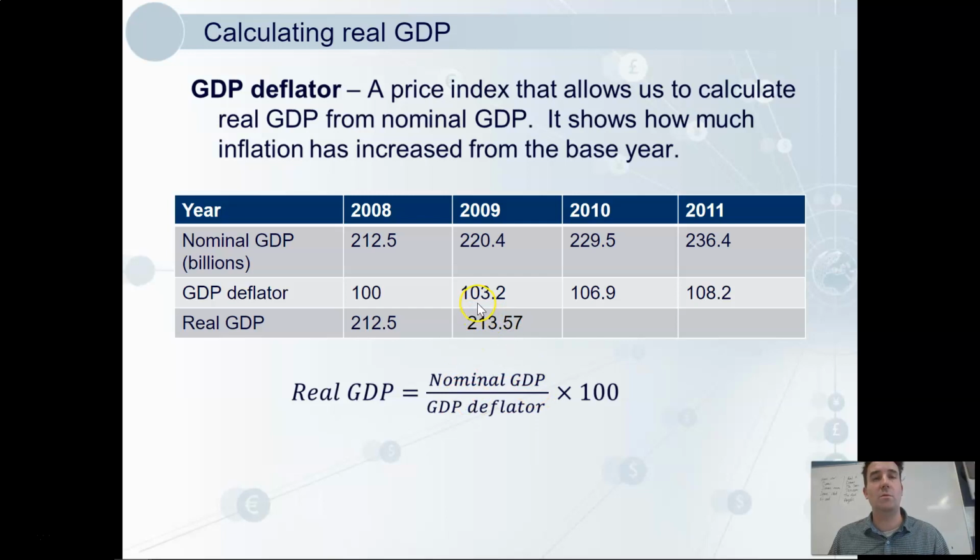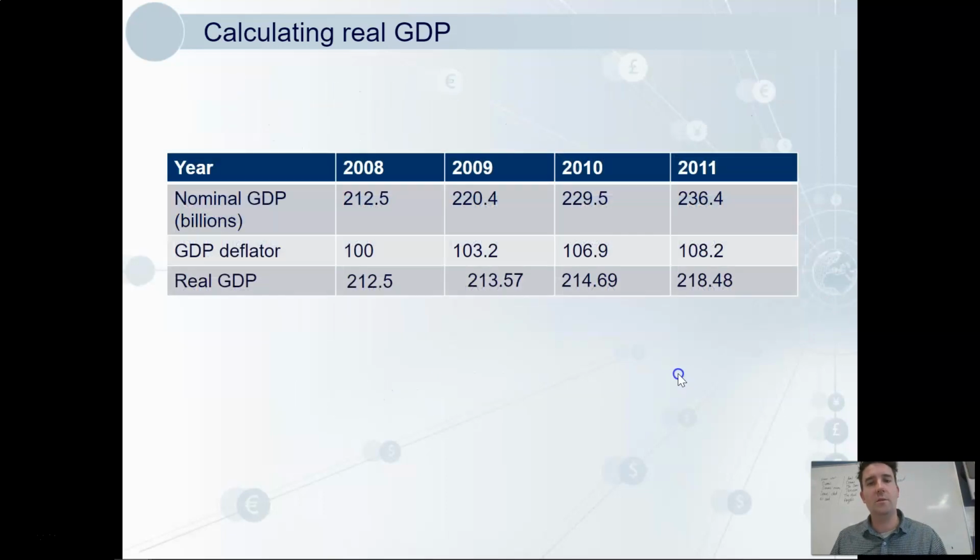So I want you to pause and work out the values for 2010 and 2011. Okay, so we should have got these numbers here. If you didn't, check back through your working to see what happened. Now, students can be a bit confused by the deflator, so I'll try to illustrate it here by looking at GDP figures for 2011.